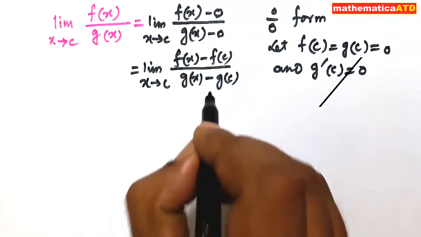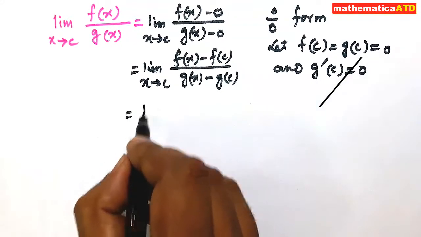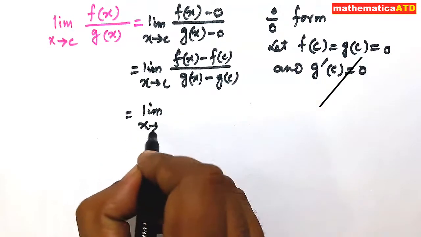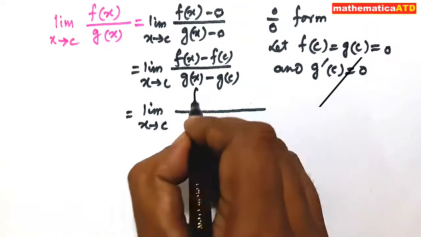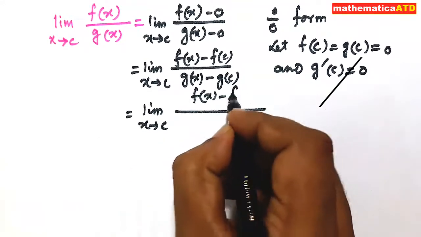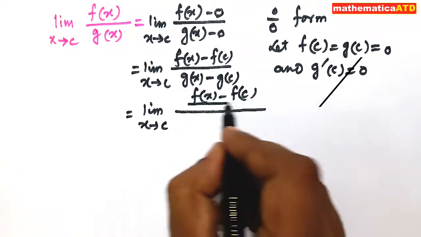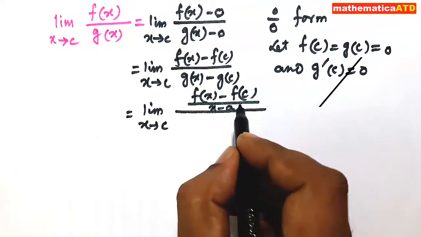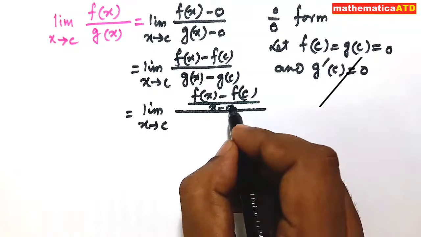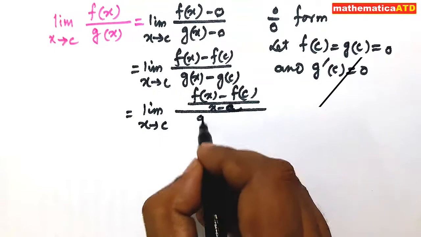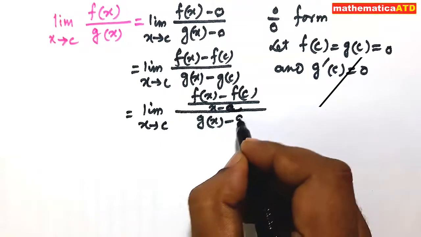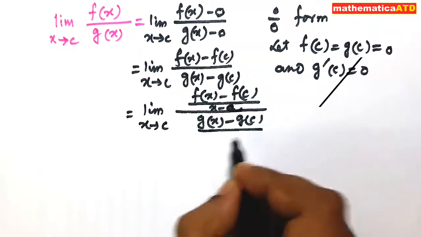So friends, we write limit as x tends to c of f(x) minus f(c) divided by x minus c, divided by g(x) minus g(c) divided by x minus c.